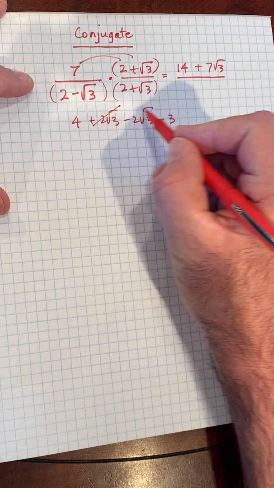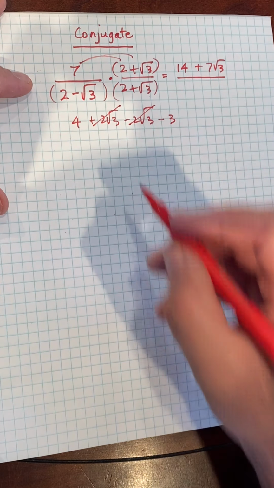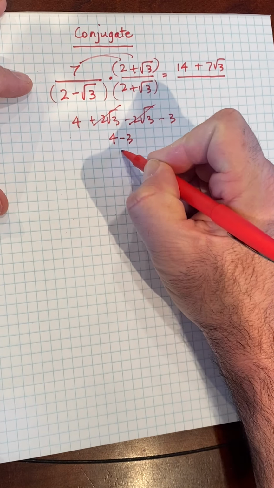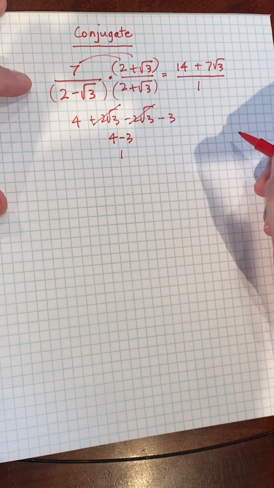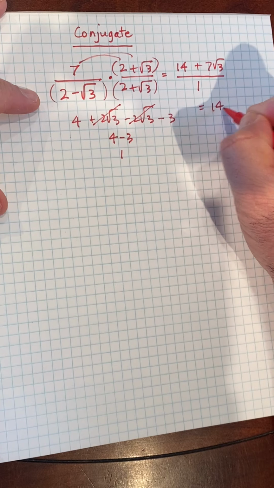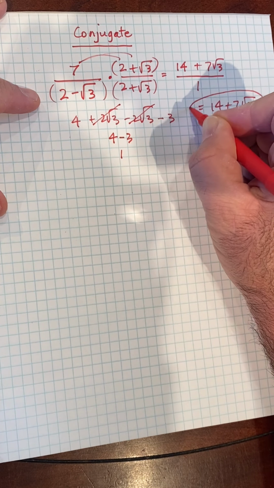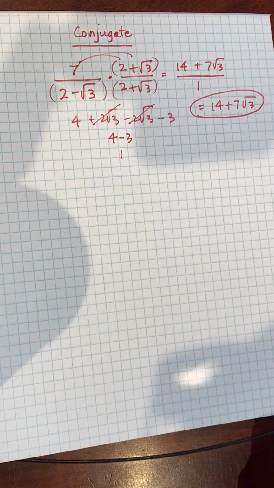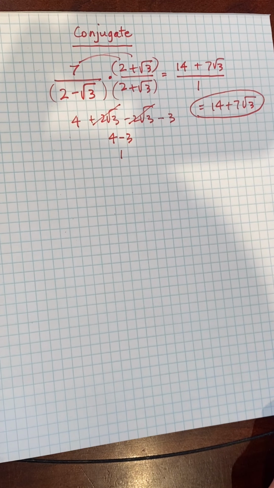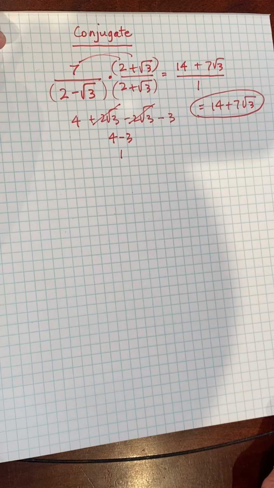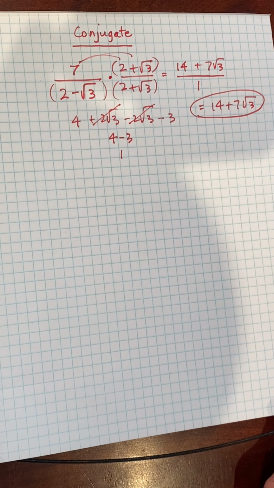Then when we combine like terms, those cancel. So I'm left with 4 minus 3, which is 1. So in simplest form, it's just 14 plus 7 times the square root of 3. Using a conjugate to rationalize the denominator. Let me show you another one of those.